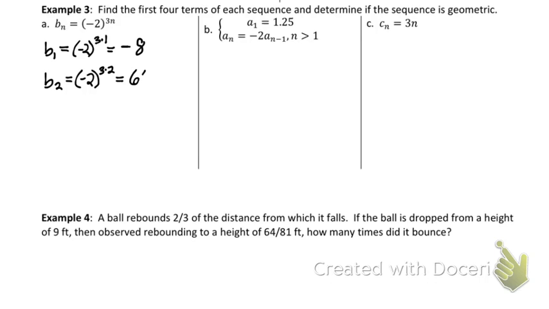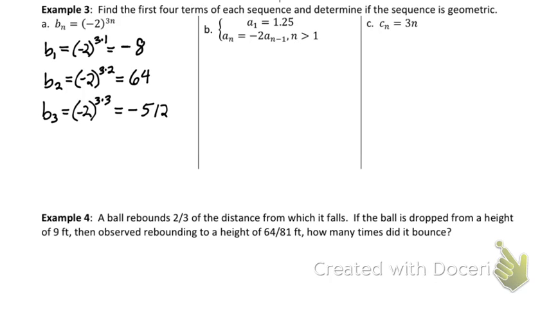It's a positive 64. And then b sub 3 is going to equal negative 2 to the 3 times 3, which is going to be 9. Negative 2 to the 9, which would be negative. And can someone give me the total for that? 512.